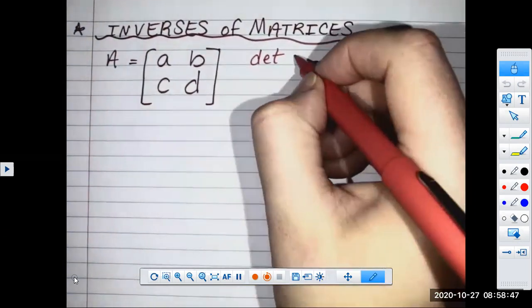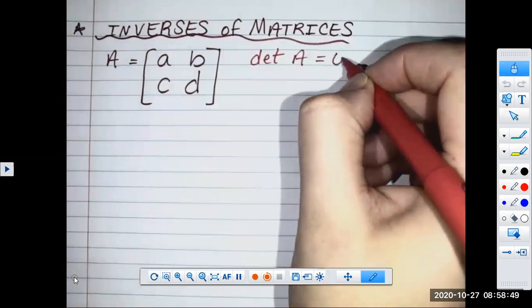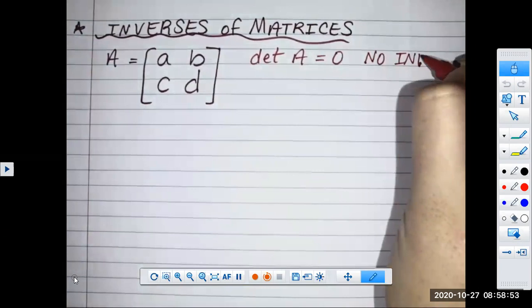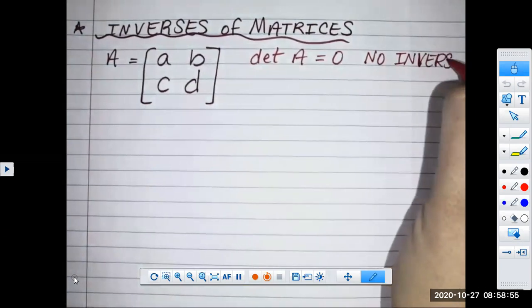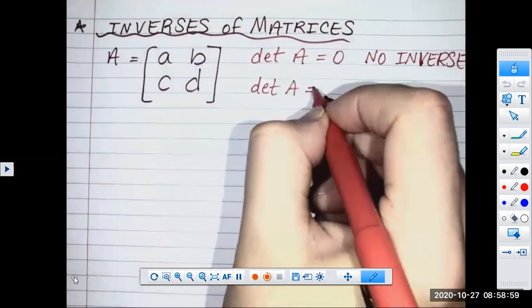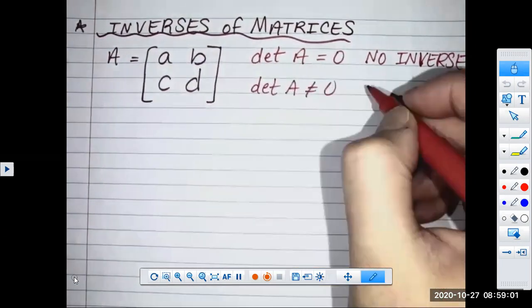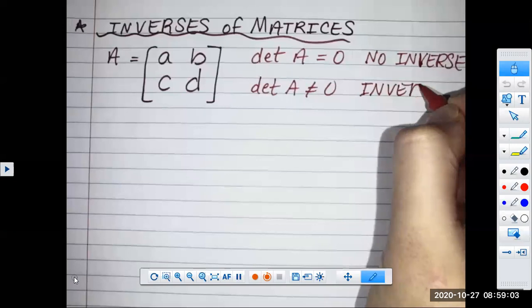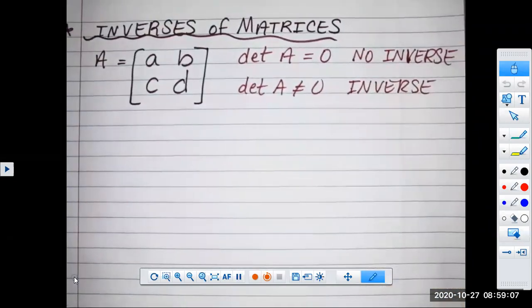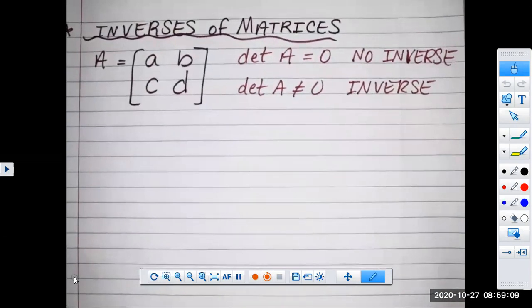If the determinant of A equals 0, it has no inverse. If your determinant is anything other than 0, then it does have an inverse. So determinant equals 0, no inverse. Determinant not equal to 0, inverse.